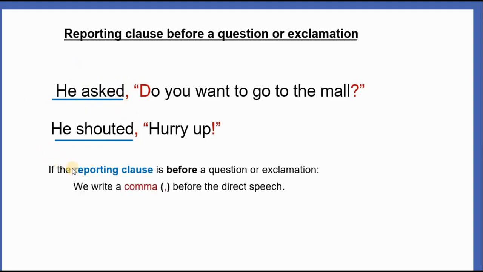We write a comma before the direct speech here and here. Again, we write the exact words inside the inverted commas. The opening inverted commas are here, and these are the closing inverted commas, and here opening inverted commas, and here closing inverted commas.